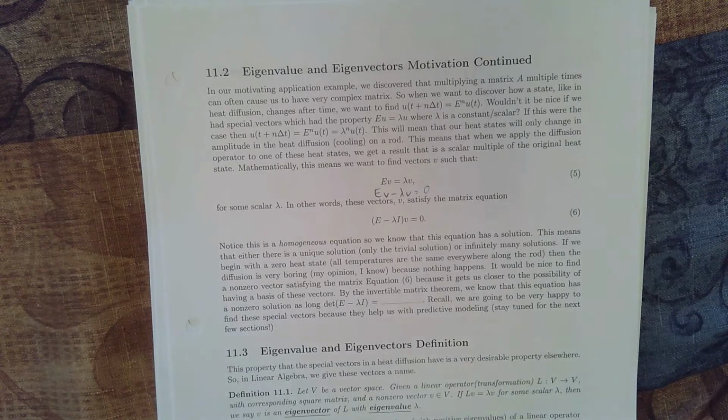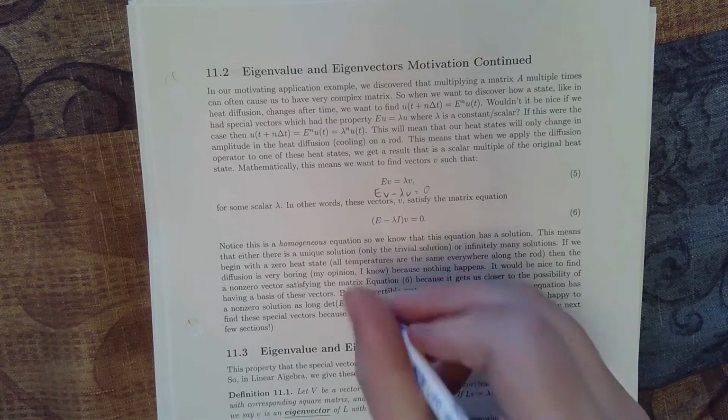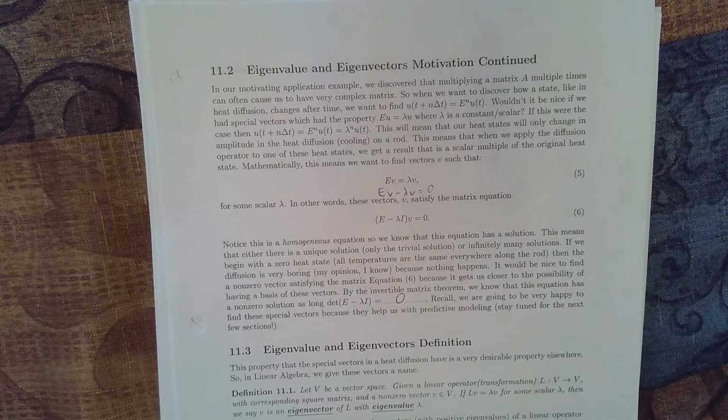So we know that there's some sort of solution to this, either the trivial unique solution of all zeros or infinitely many solutions. Now what we know because of the invertible matrix theorem is that this equation is going to have a non-zero solution so long as the determinant of this matrix equals 0.